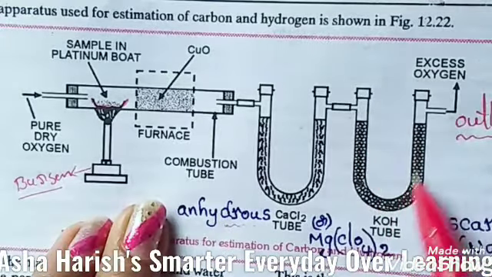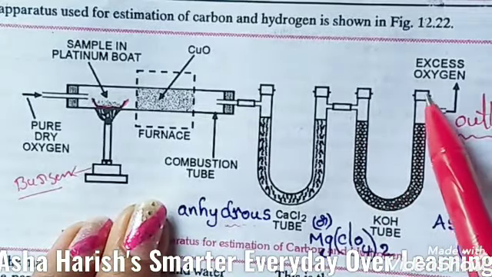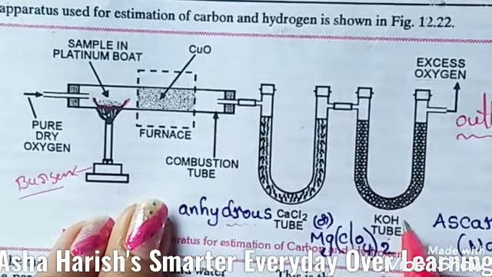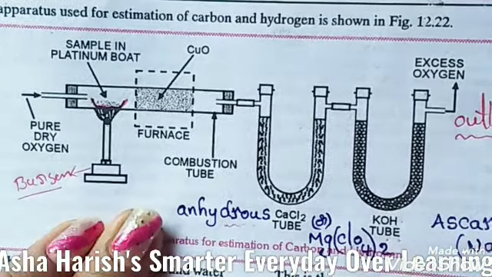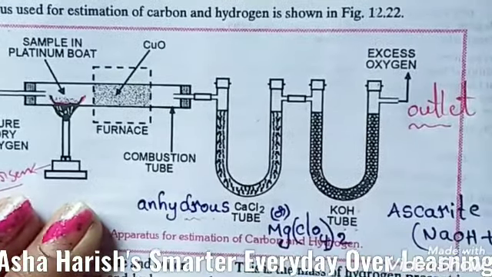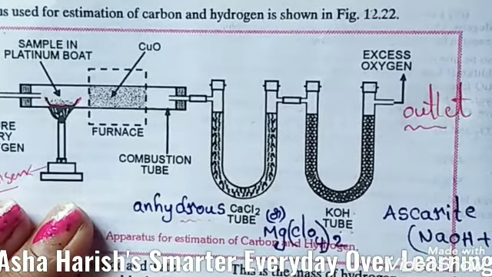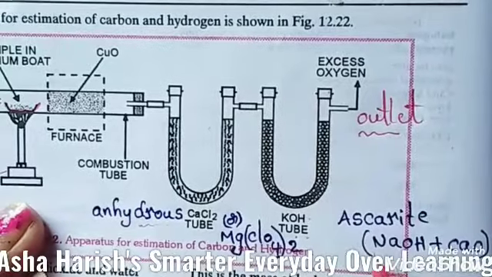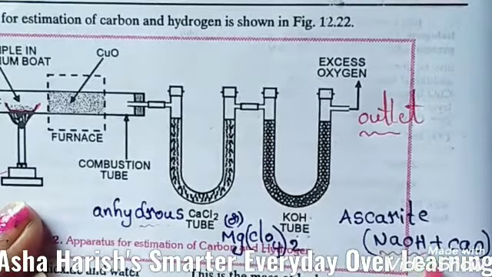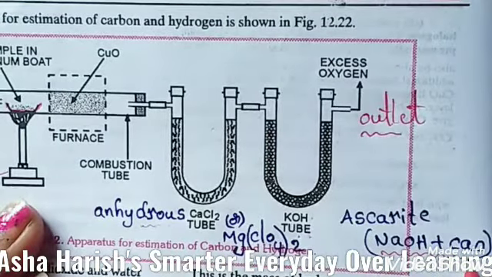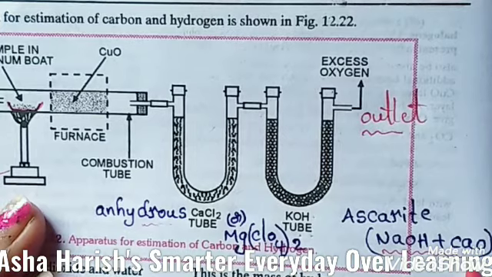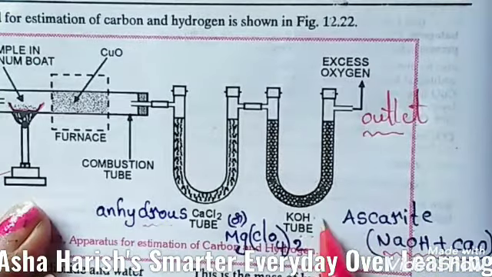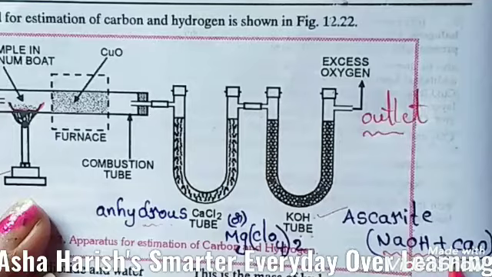And here you have the second U-shaped tube containing KOH solution, potassium hydroxide solution. In place of KOH solution you can also take ascarite, a combination of NaOH and CaO. These two have the same function, KOH and NaOH plus CaO.